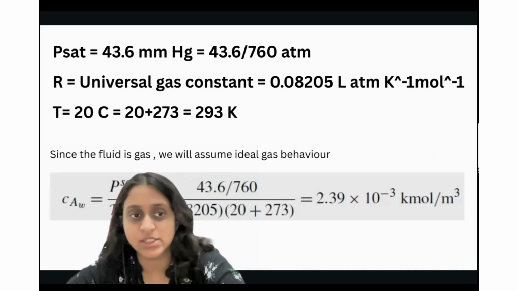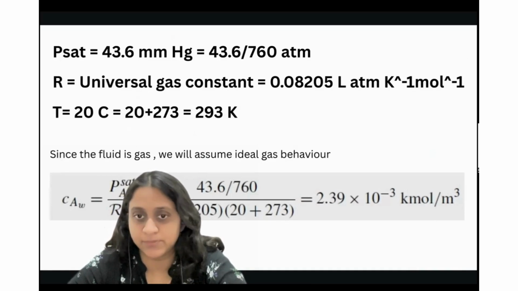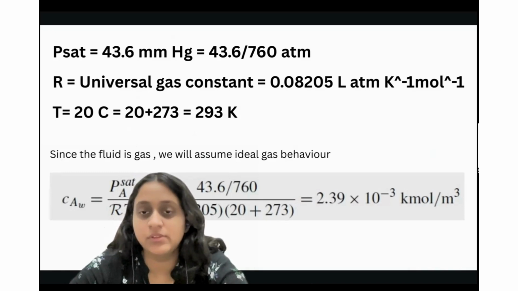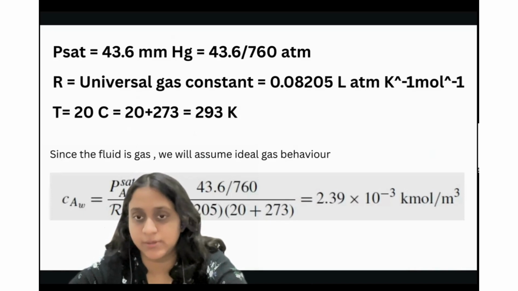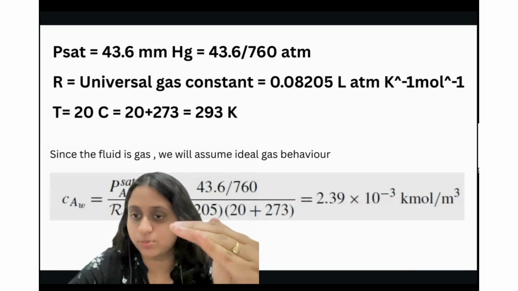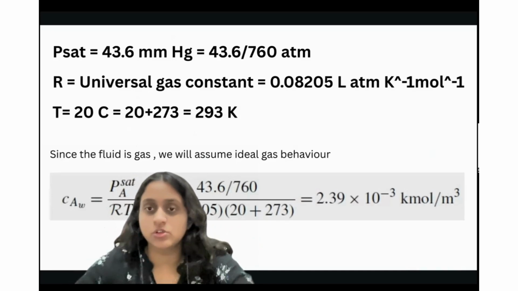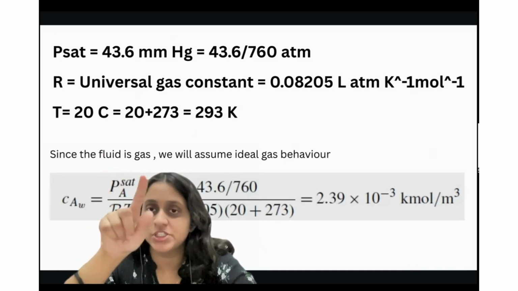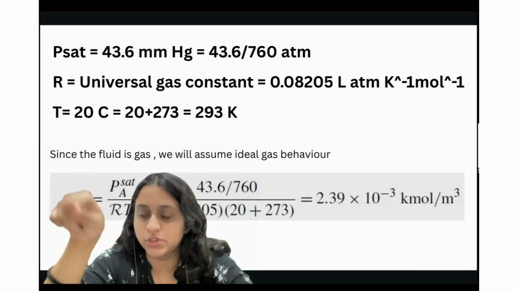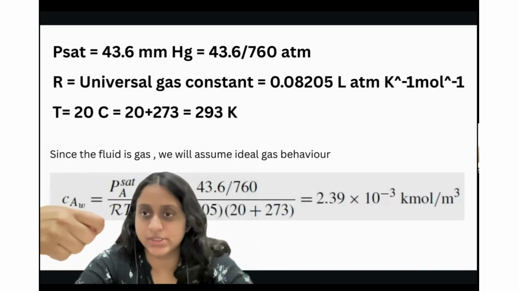Now, as discussed earlier, the fluid we used is a gas, so we will assume ideal gas behavior. What is the ideal gas law? It is PV = nRT. Now, what is concentration? It is the number of moles upon volume. So in the ideal gas law, n/V = P/(RT), which is the concentration.